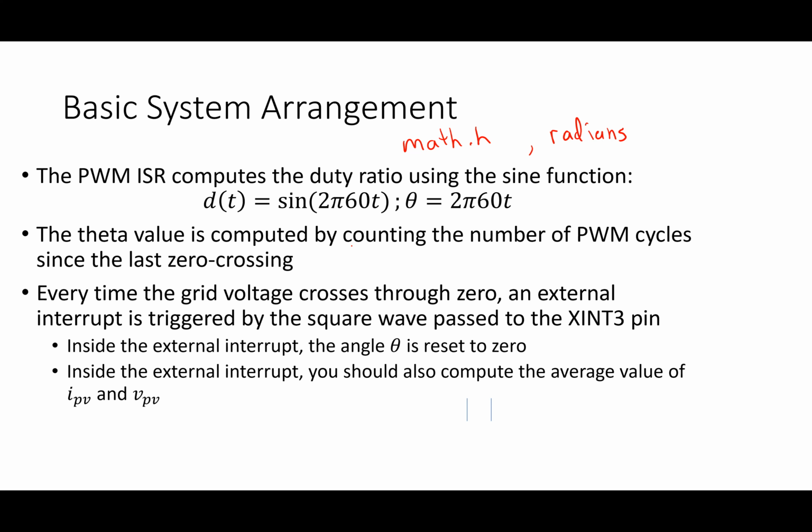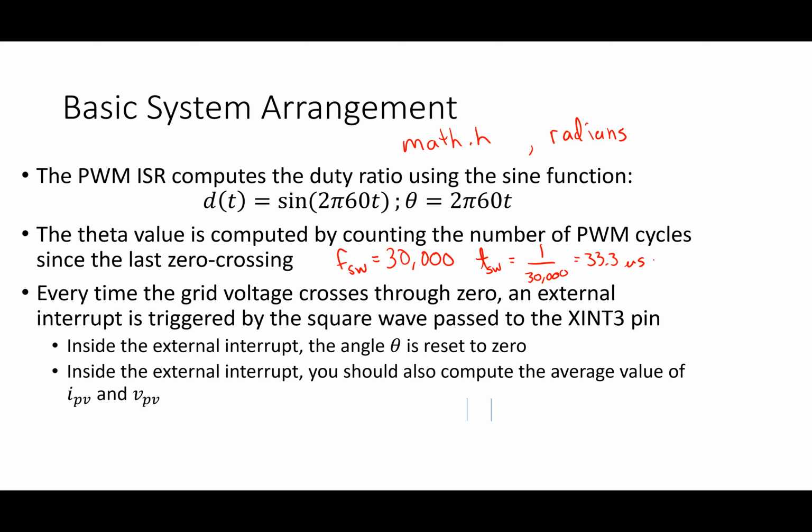In other words, we know that if our switching frequency, our PWM frequency, is 30 kilohertz, then I know that the time is 1 over that, which works out to be 33.3 microseconds. So every 33.3 microseconds, I count up.